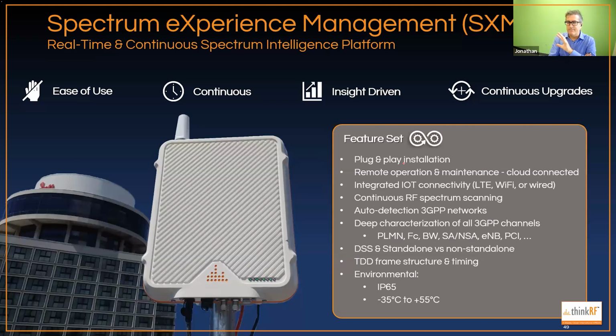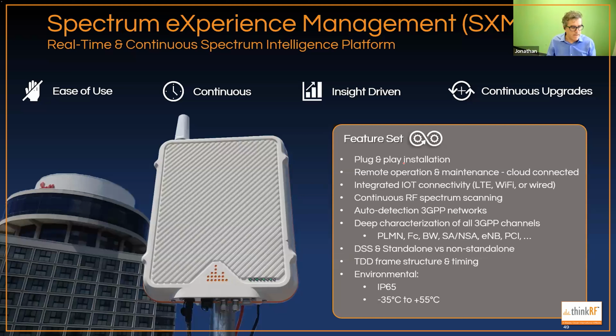Here's a bunch more features associated with this. I won't go through this in all kinds of detail. Suffice to say that there's a lot of information that these nodes intelligently pull out of the RF domain, continuously, and we're always adding new items to this.